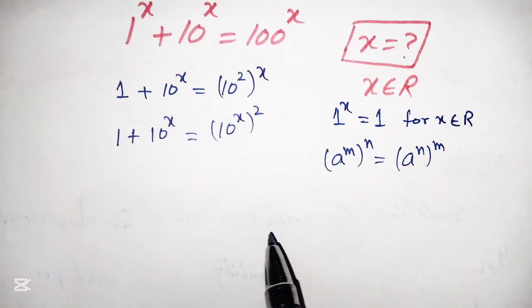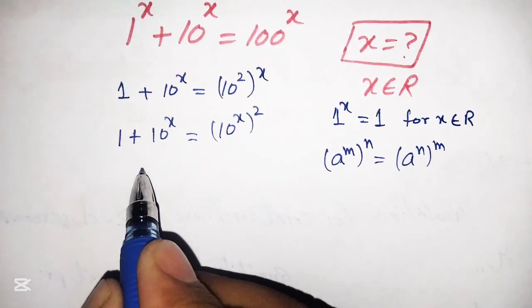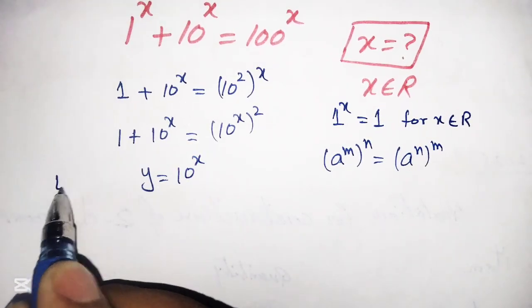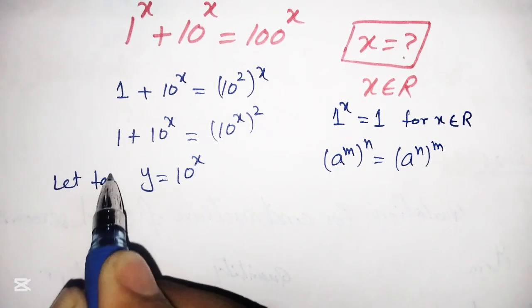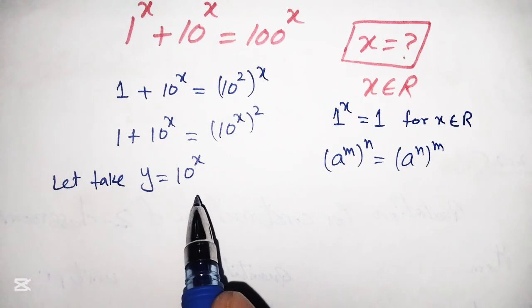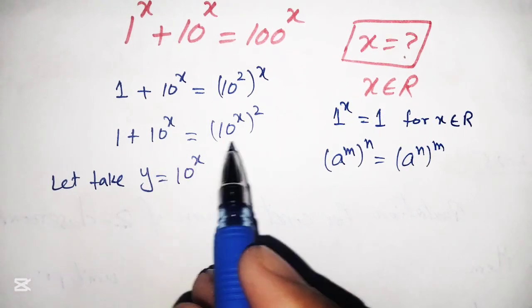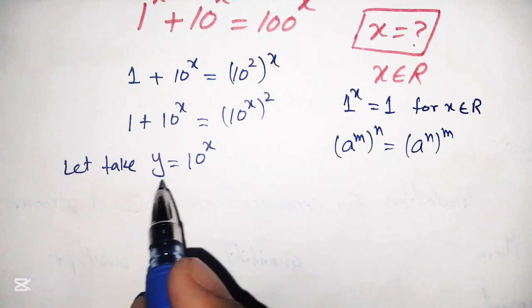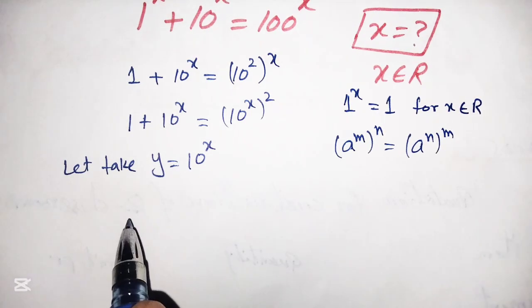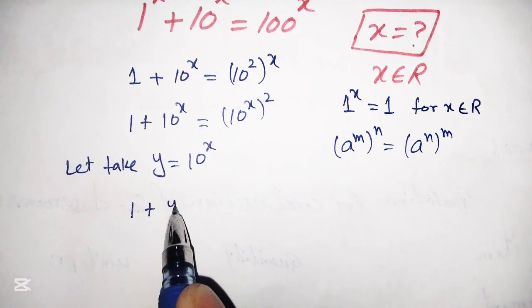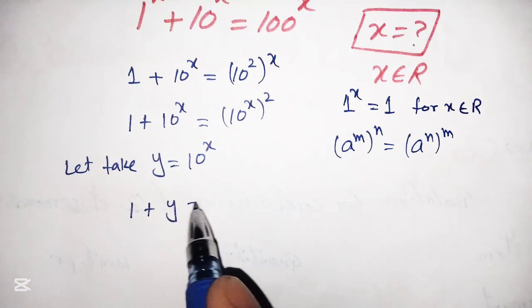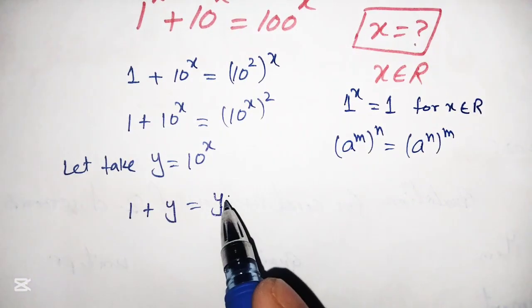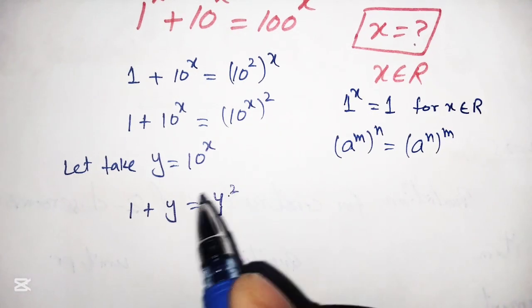Now it is time to put y is equal to 10 raised to power x. Let us take y is equal to 10 raised to power x. This will convert this equation into a simple quadratic equation. Putting this value in the above equation, we get 1 plus y is equal to y square, since 10 raised to power x is y and this is the square.